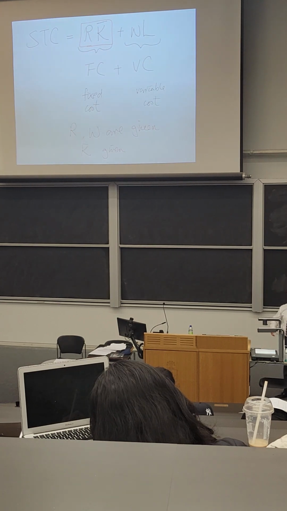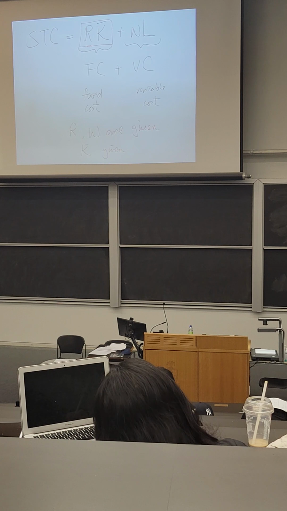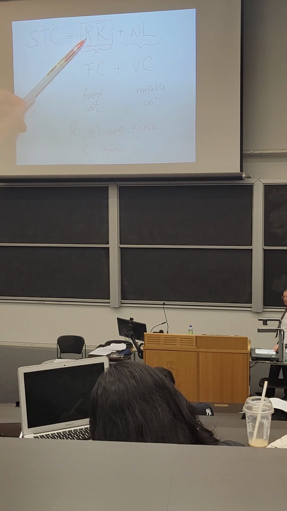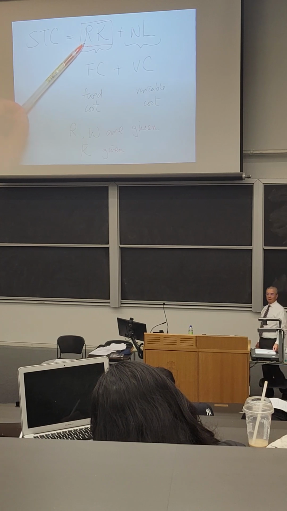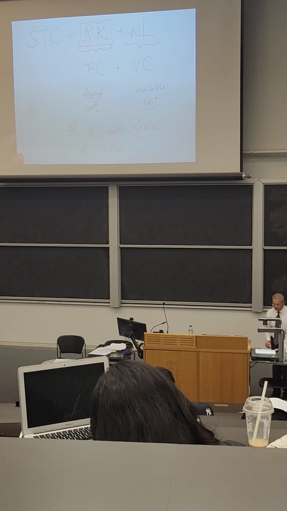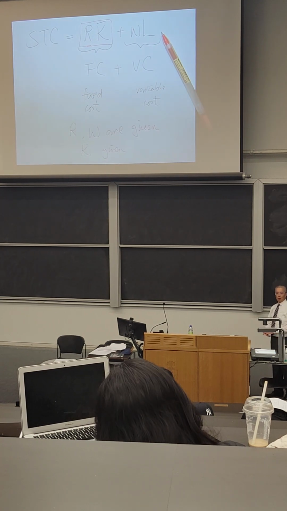It doesn't matter how much output you produce. So if you purchase a machine and you don't produce any output, you still have to pay for the price to buy the machine. So that's why it is a fixed cost. It does not vary with output. But this one is variable because labor input is variable in the short run.